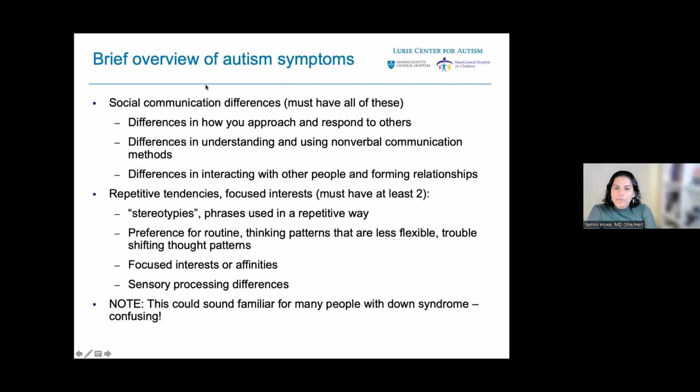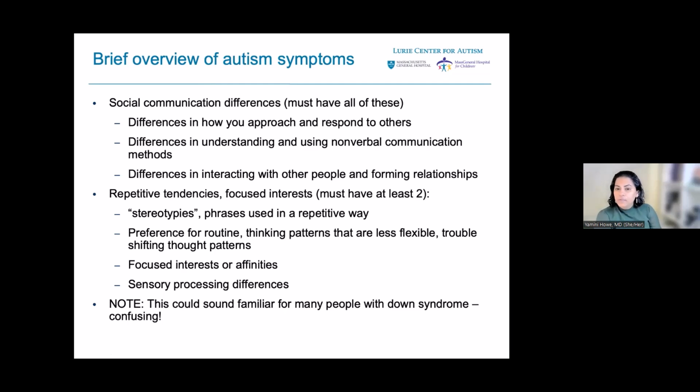So to think about autism symptoms as they apply to Down syndrome, we generally understand autism as having two major areas where people have differences. The first is differences in how they use social communication strategies. The criteria being differences in how you approach and respond to others. Differences in understanding and using nonverbal communication methods, such as eye contact and gesturing.